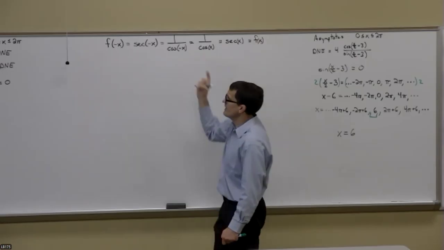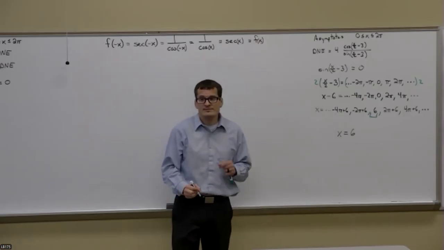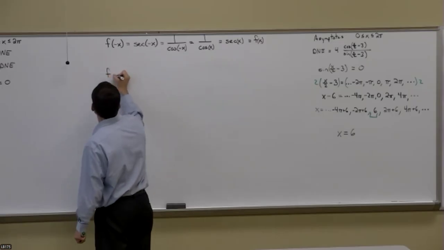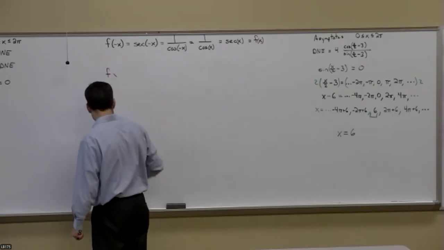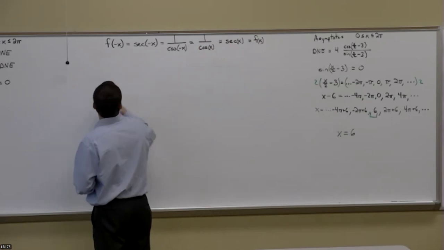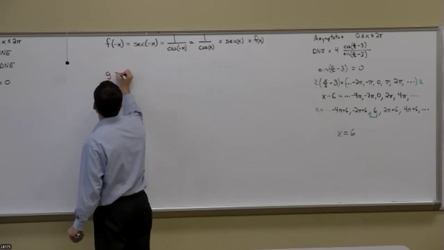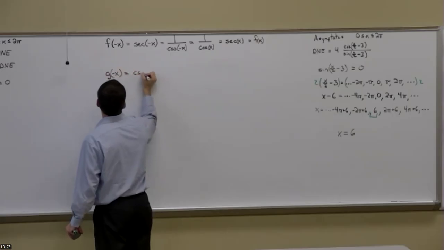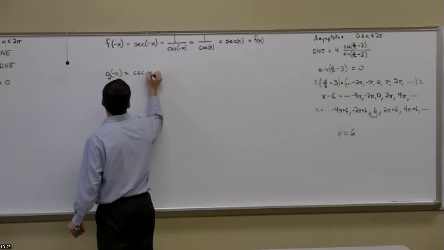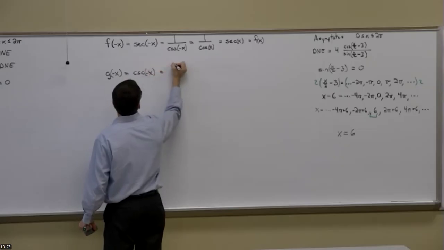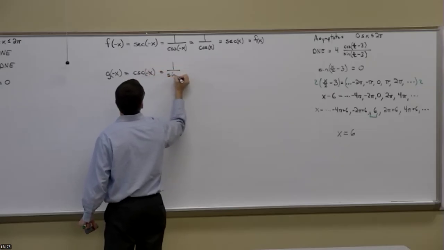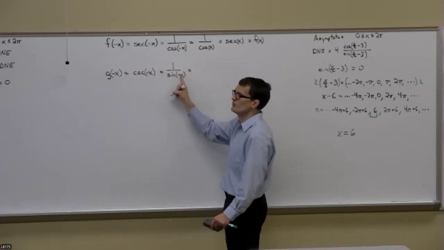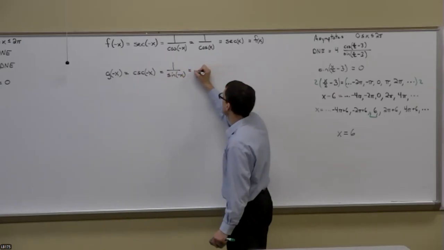So secant is even, and for the same or similar reason, cosecant is odd. Since sine is odd, we pull out the negative sign.